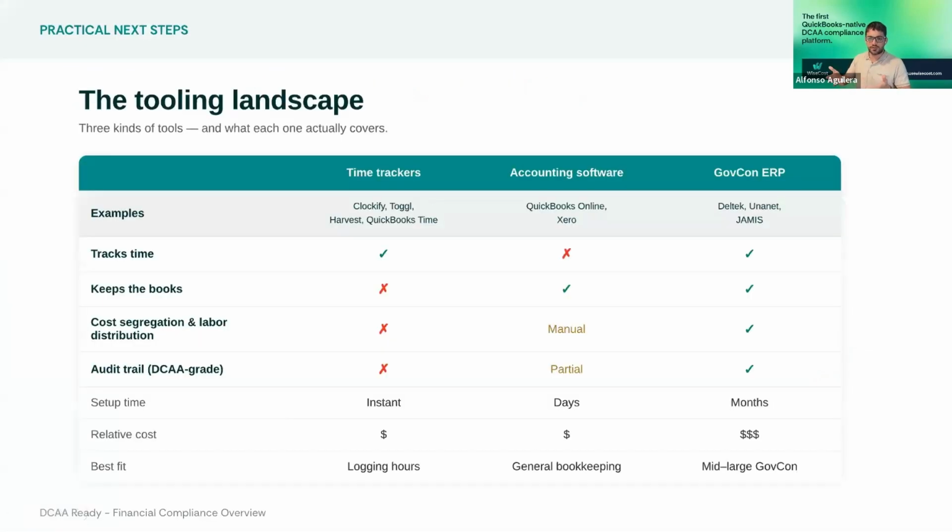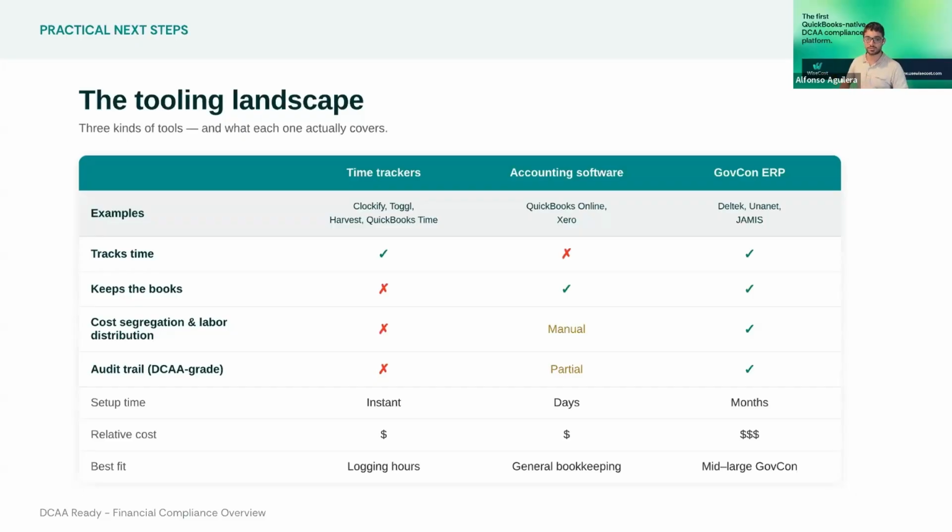So when we identified this problem, we looked at other tools in the market, and we could organize these solutions in 3 clusters. First, the heavy ERPs you may have heard about, Deltek and Unanet, which are not compatible with QuickBooks Online.